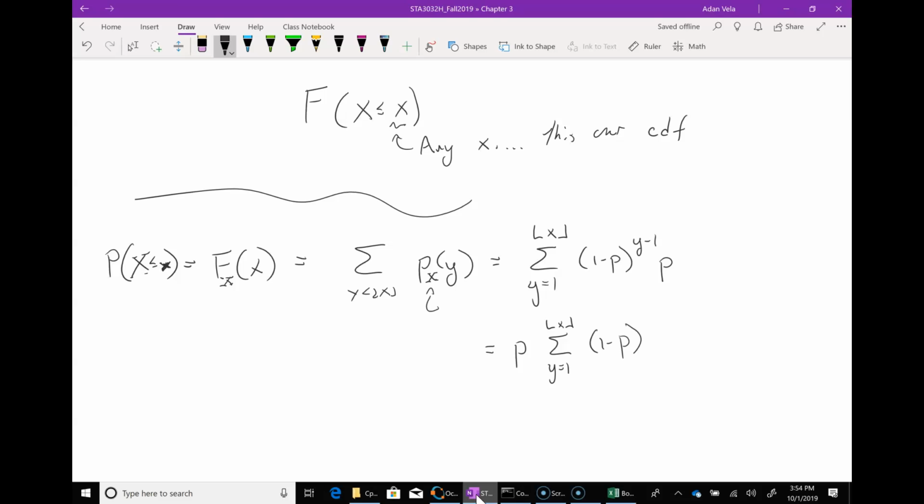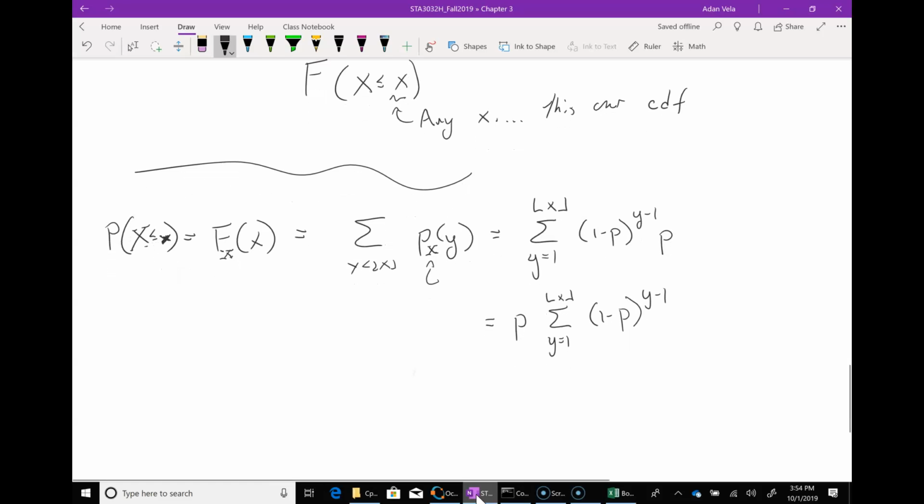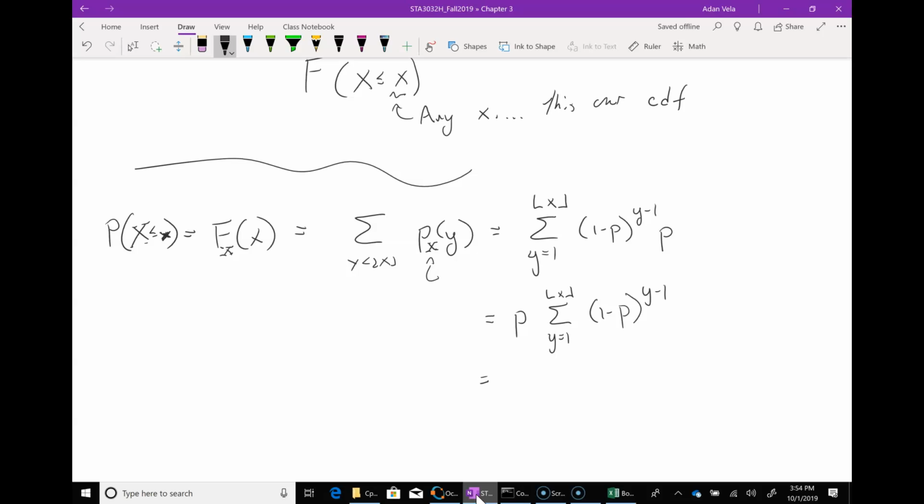And we can do one other little trick, which is we can change the bounds, okay? So instead of going from 1 to the round down of x, we can go from y equals 0 to x minus 1, and what we're going to do is we're going to shift our power. Right? So we're basically doing a substitution.